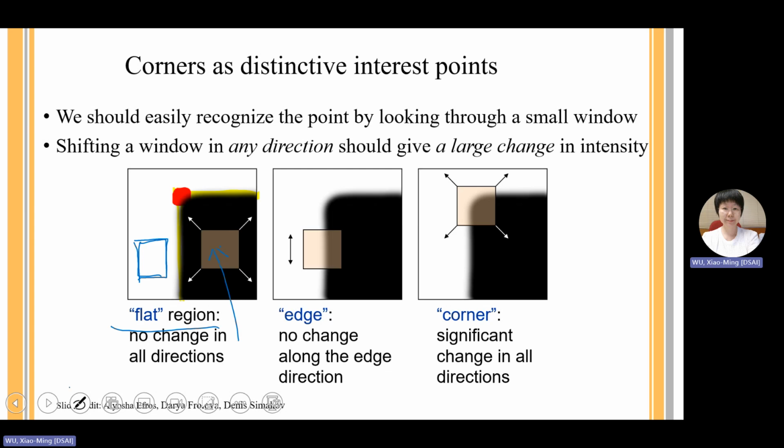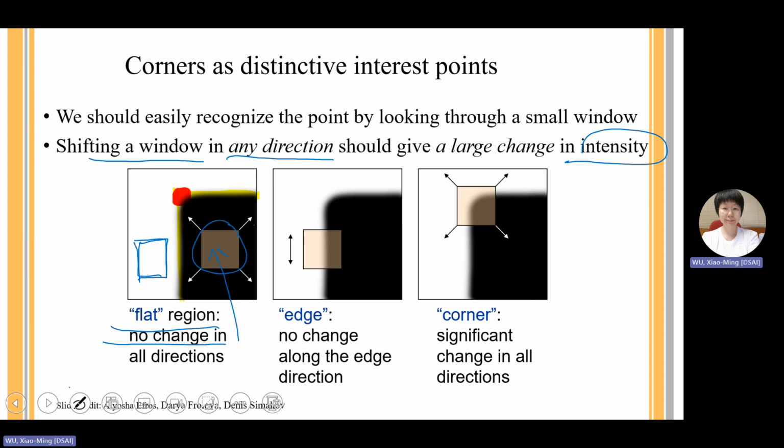By flat region, we mean if we shift a small window in any direction within the flat region, there will be no change in image content or image intensity. We call it flat because the image contents are pretty much the same.